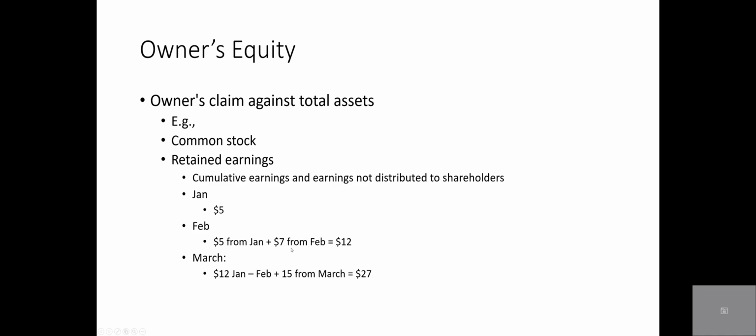So $5 plus $7, we have $12. And in March, we have the cumulative earnings from January and February, which is $12, and then we make retained earnings of $15. Adding them both makes $27.